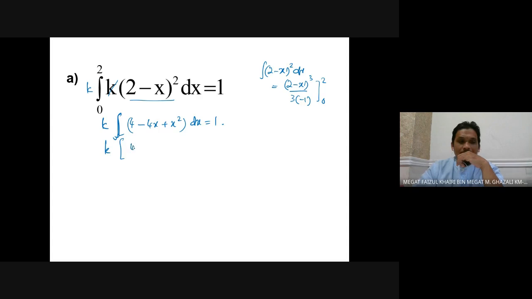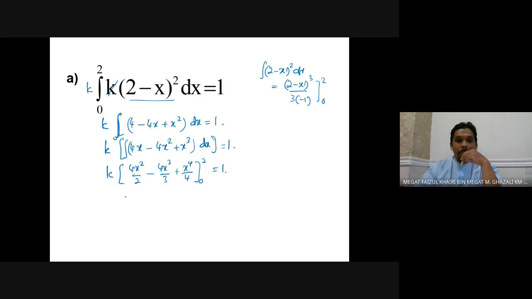Okay, so you get 4x minus 4x squared plus x cubed, dx, which is equal to 1. Then k integral of 4x squared over 2 minus 4x cubed divided by 3 plus x to the power 4 divided by 4, from 0 until 2 equal to 1. Okay, 4 divided by 2 equal to 2.